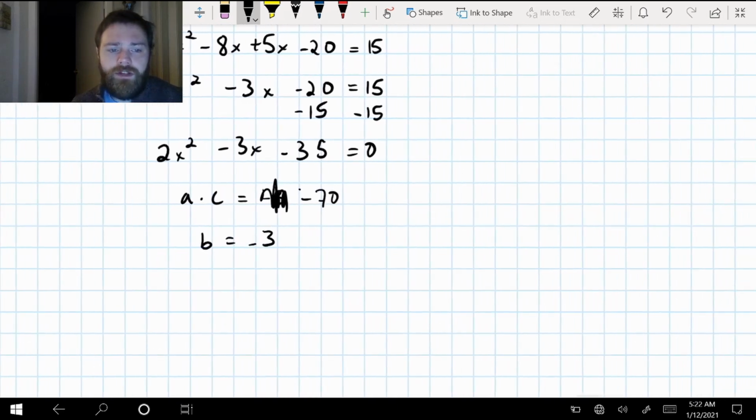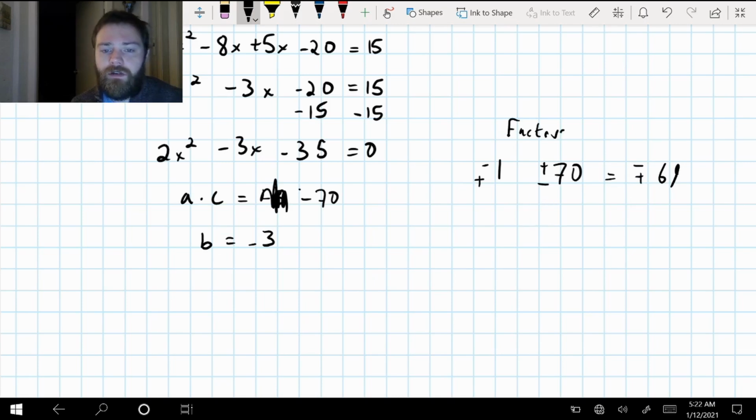Well, I can start to think about some of these factors. Factors of negative 70: I'm going to do 1 and 70 first. So negative, positive, positive, negative. So this is negative, positive 69.